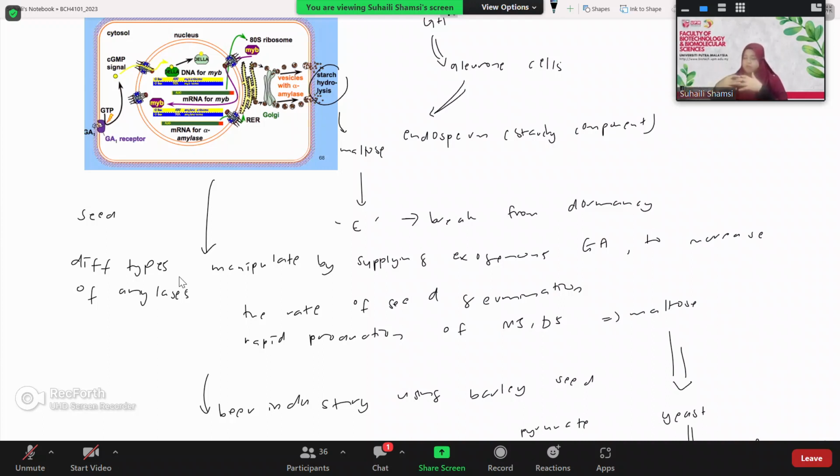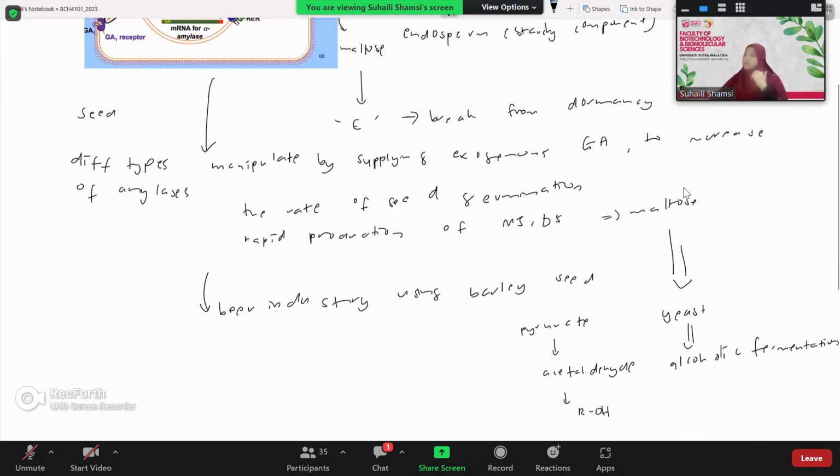But it basically ensures there is a continuous supply of amylases so that more and more maltose can be channeled to the yeast for alcohol fermentation. So this is what we have talked about for gibberellic acid.